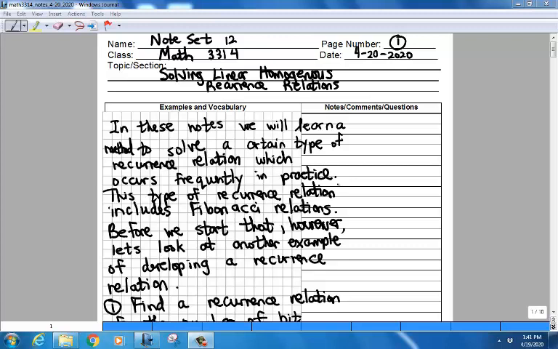However, if you want to turn it in, you can. It would be due Wednesday, April 29th, when you turn in your test. I will grade it and use it if it will improve your homework average. So homework number 7 is optional, just to give you more practice with recurrence relations.